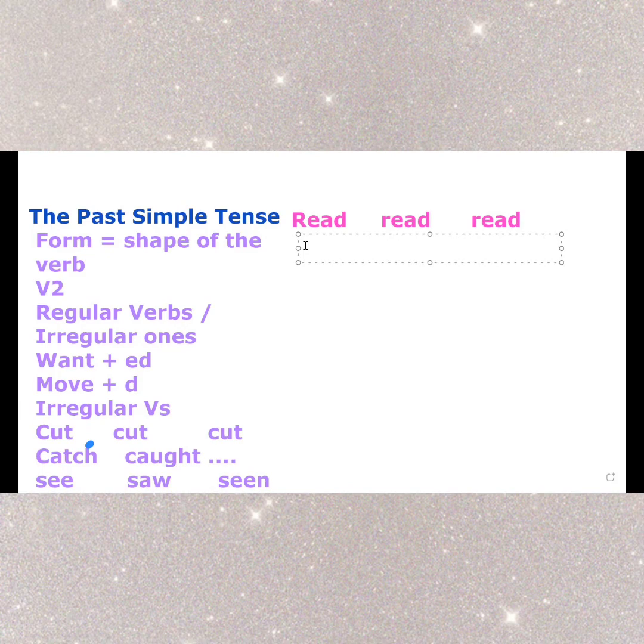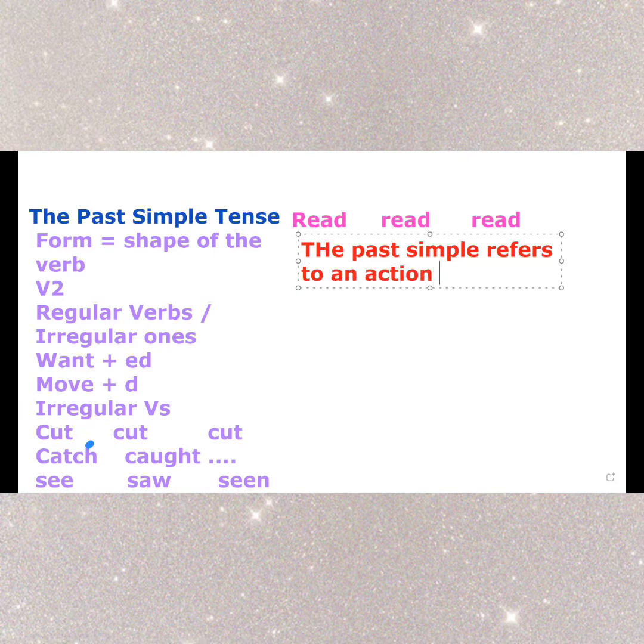We say the past simple refers to an action. And I mean by action the verb of the sentence.